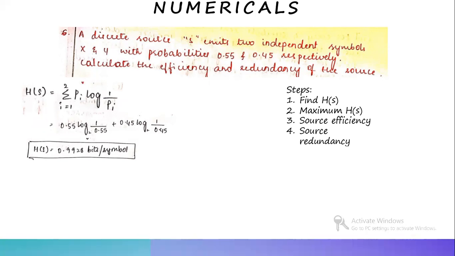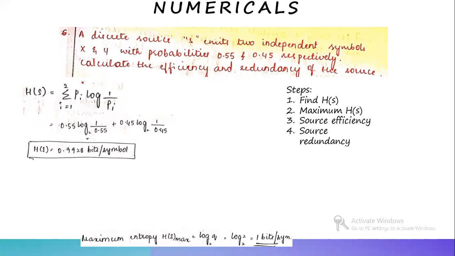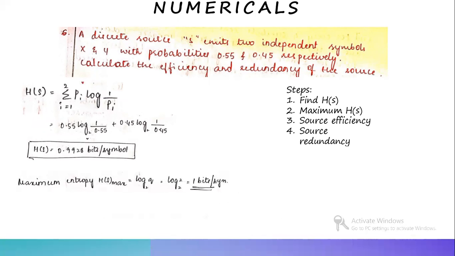Next is maximum entropy of the source, which we have seen in properties of entropy. So maximum entropy is given as H of S max equal to log Q to the base 2, where Q is the number of symbols present. Here there are only two symbols, so Q value will be 2. So log 2 to the base 2 will be 1 bit.